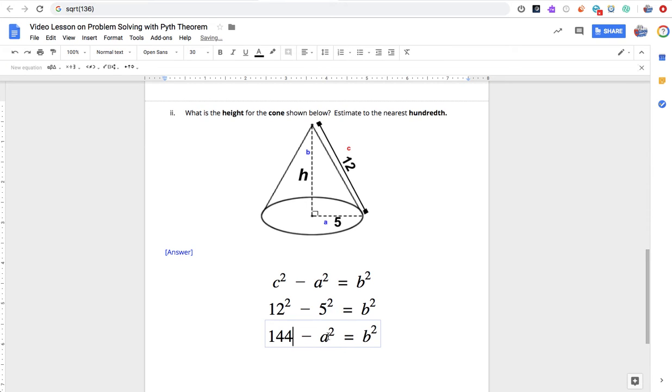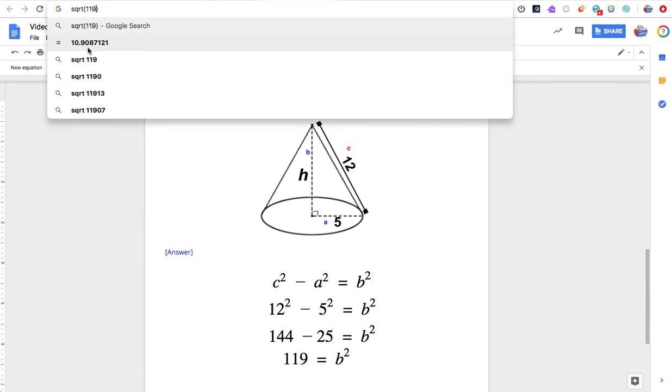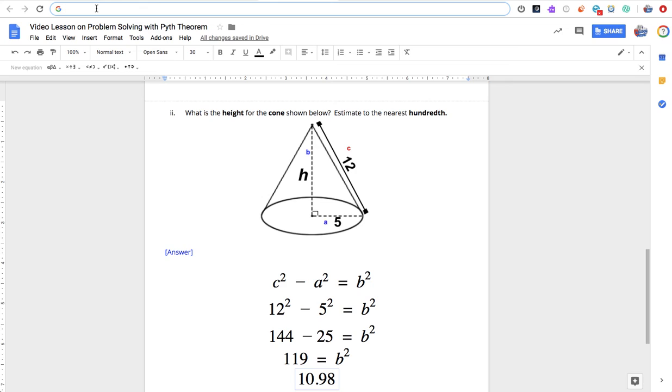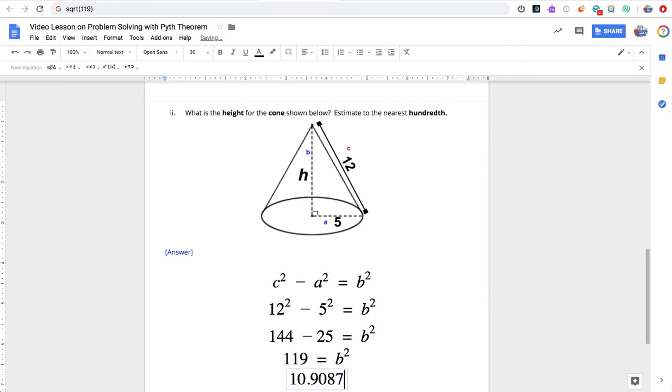12 squared gives us 144. 5 squared gives us 25. When you do 144 minus 25, it should have given you 119. And then your final step, you're going to take the square root from both sides. So when we do the square root of 119, we get 10.9087, continuing for B, and remember we got that by square rooting both of our sides.